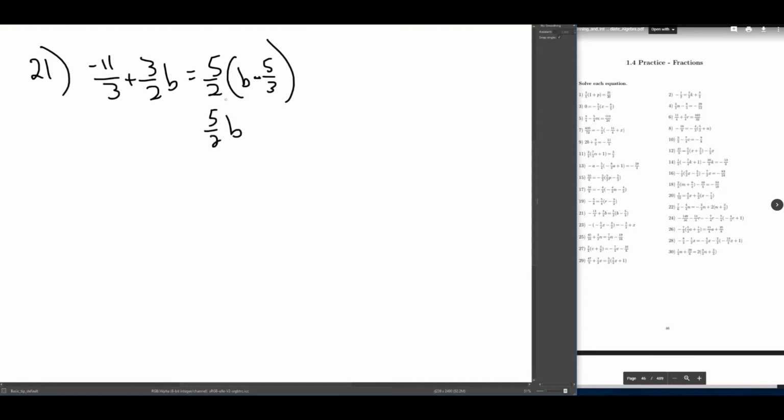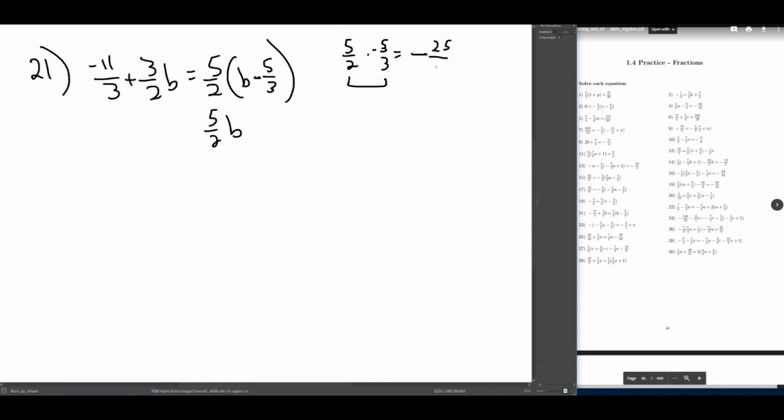Okay, so first thing we're going to do, same thing as always, get rid of these brackets, right? So 5 over 2 times b is 5 over 2b. 5 over 2 times minus 5 over 3. Let's bring that over here. 5 over 3. All right. So we're multiplying two things, and there is an odd number of negative things.